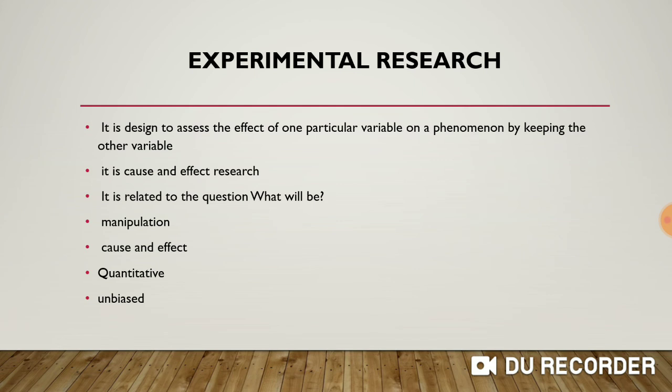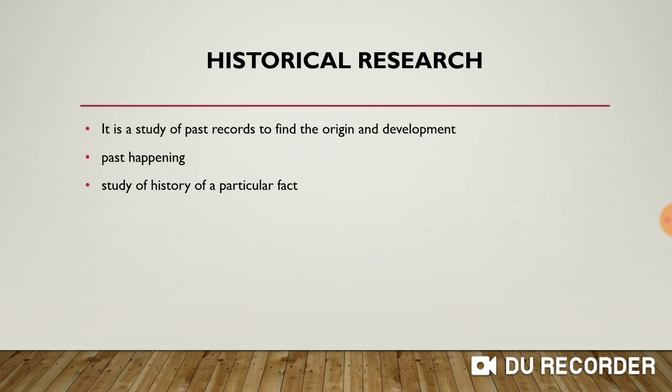Okay, so these are the different types of research the researcher normally needs to consider. Another type of research is historical research. So it is a very common research which the researcher needs to undertake. Normally it is the study of past records and other information sources with a view to find out the origin and development of a phenomenon and to discover the trends in the past in order to understand the present and to anticipate the future.